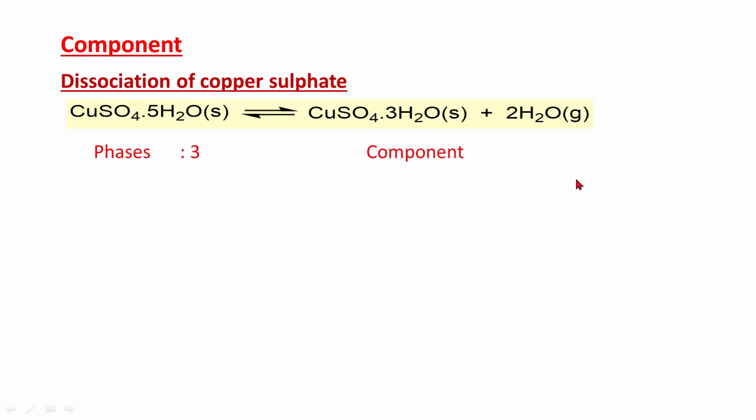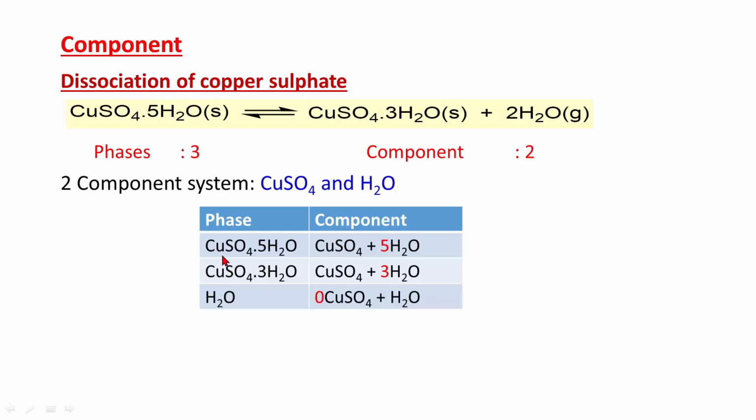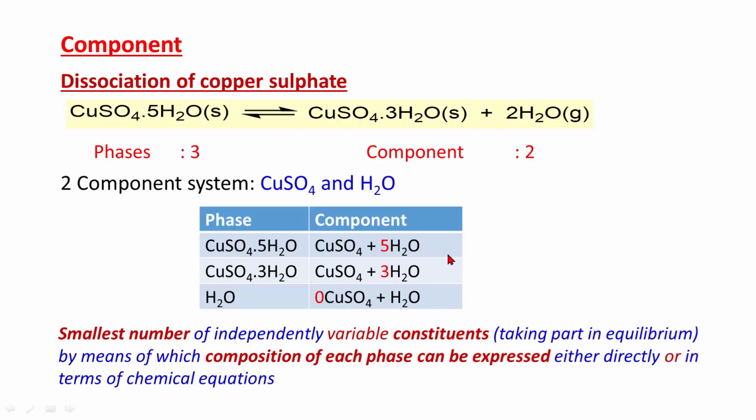Number of components in this case is 2, copper sulfate and water. We can see that copper sulfate 5 water molecule, copper sulfate plus 5 water. Water is 0 copper sulfate plus water. Hence, copper sulfate 5H2O is a two-component system.